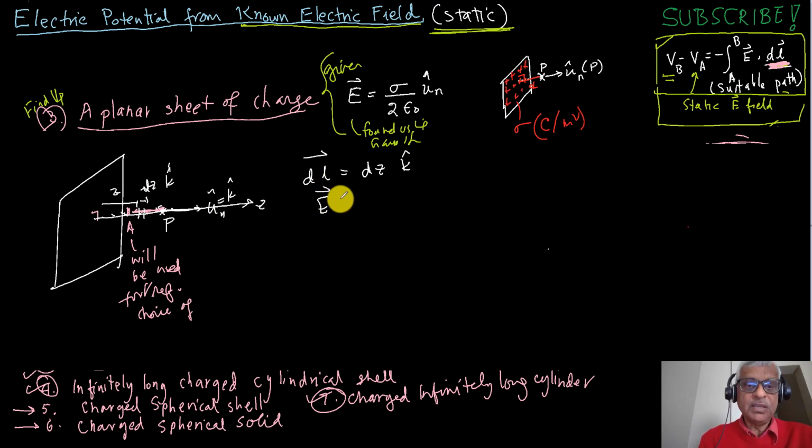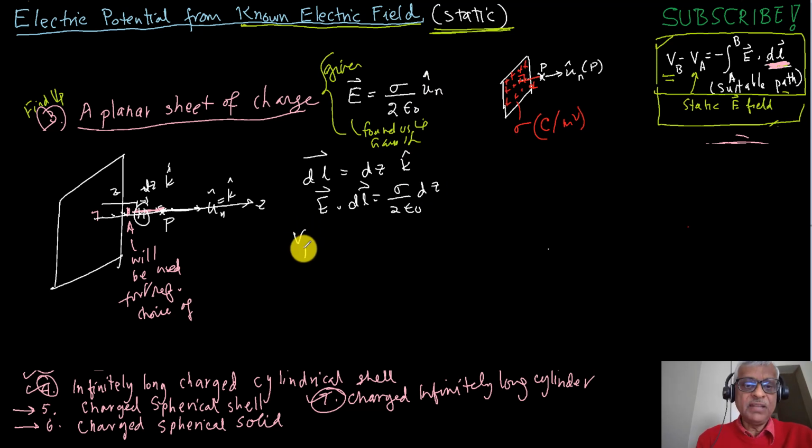So E dot dl on this thing, the formula is sigma over 2 epsilon naught k hat dot k hat. This just becomes dz. Very easy.